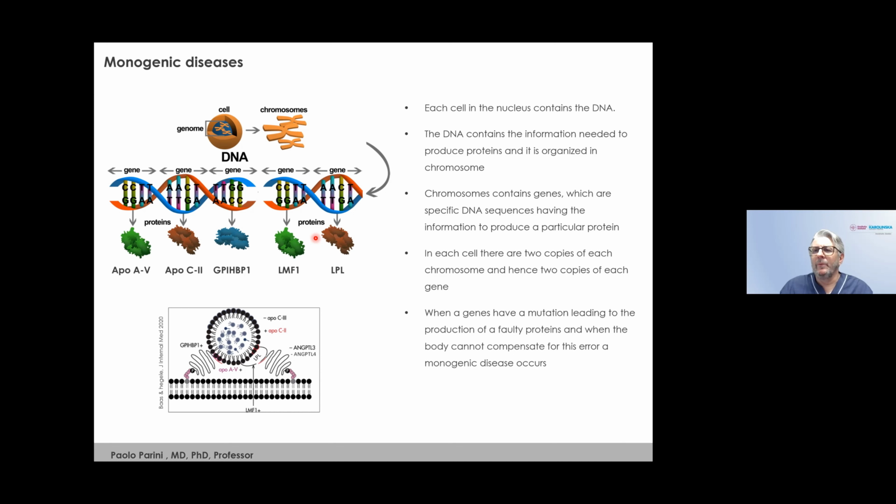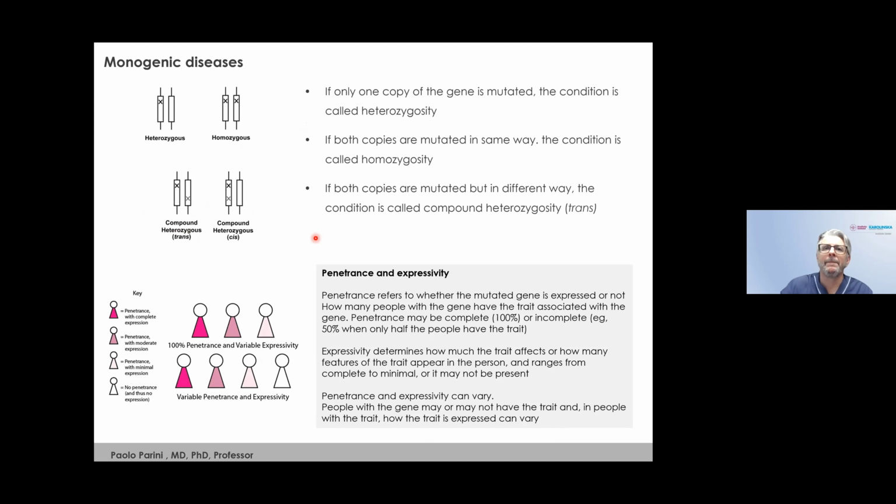When we have one copy of a gene, or both copies of the gene, mutated, and the body cannot compensate for this defect in the sequence, then the disease occurs, and it is called a monogenic disease.